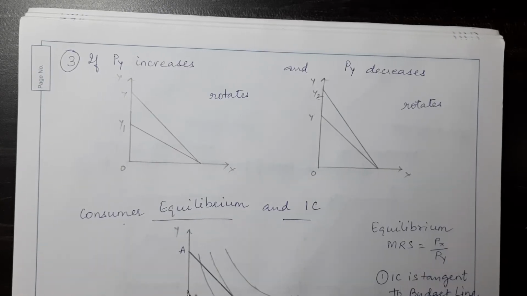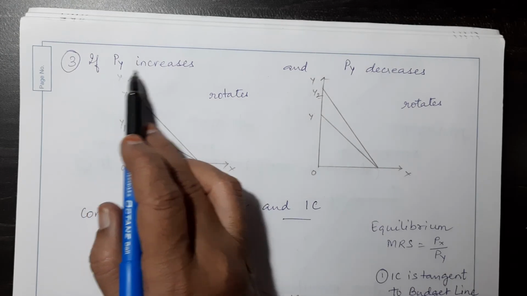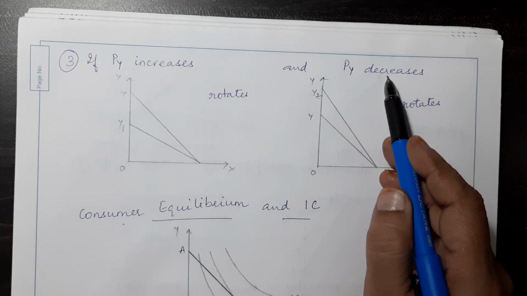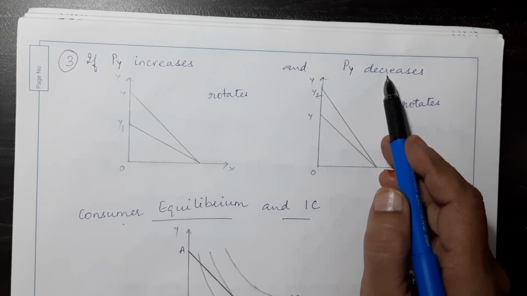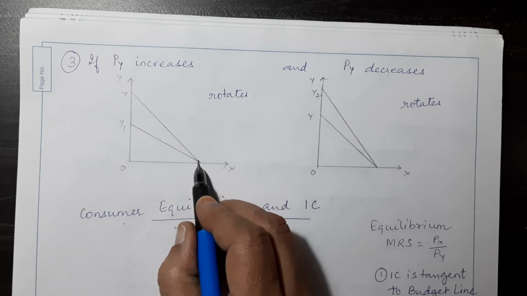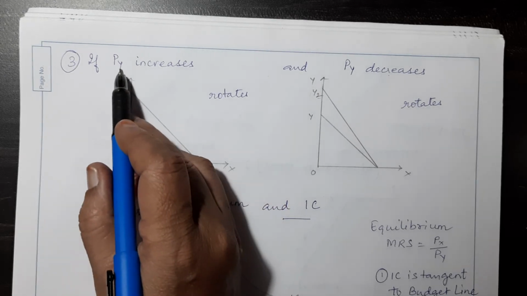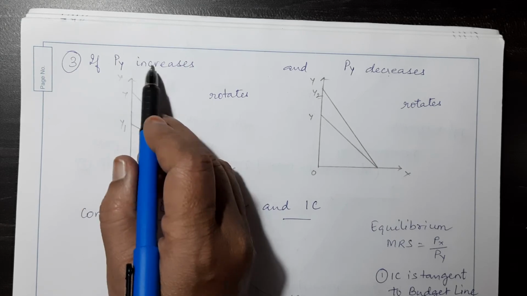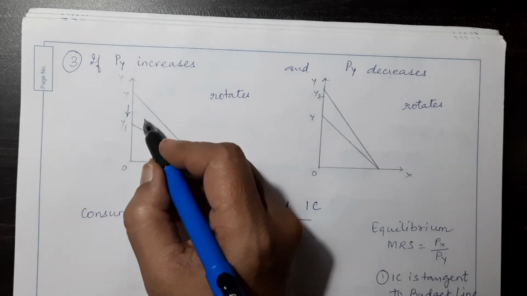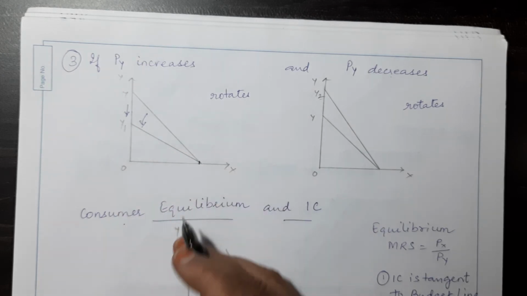The next condition talks about the increase in the price of good y and decrease in the price of good y. The price of good x is kept constant. So we will be buying the same amount of x. When the price of good y increases, we buy less of good y. And hence it rotates to the left.